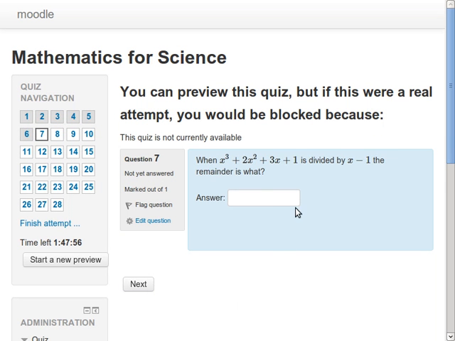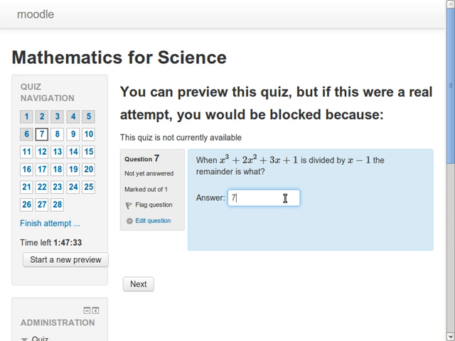What is the remainder here? Now, some people did long division, which was foolish, because you can just use the remainder theorem. When you make x equal to 1, you get an answer of 7. 1 plus 2 plus 3 plus 1 is 7.